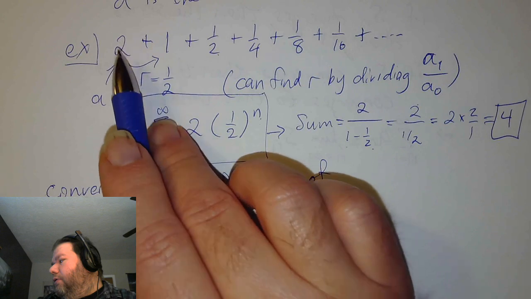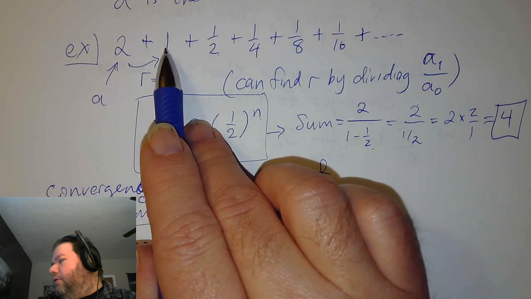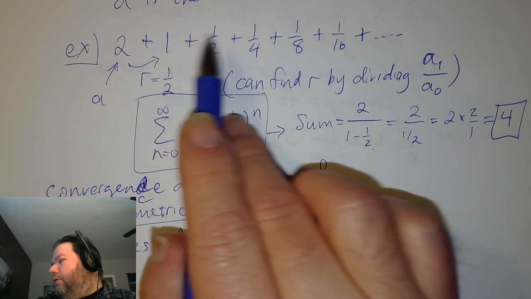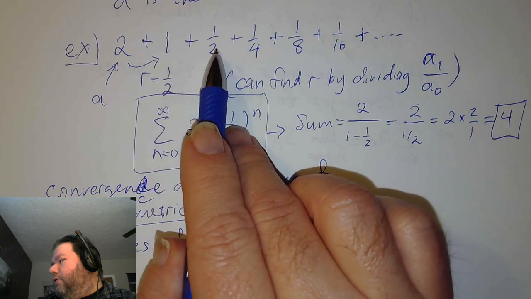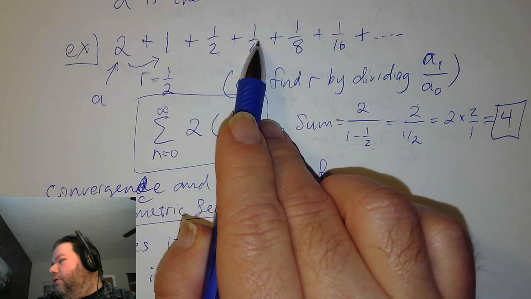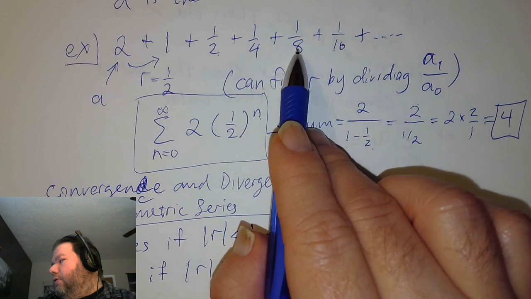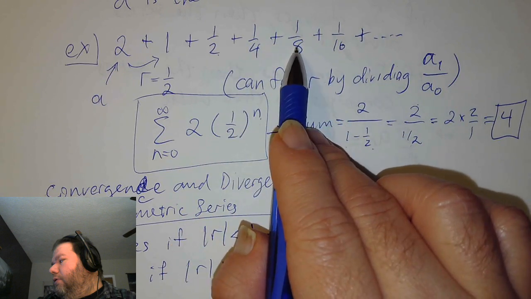Let's look at that. We have 2 plus 1 is 3. 3 plus 1/2 is 3.5. Plus 1/4 makes 3.75. Plus 1/8 makes 3.875.